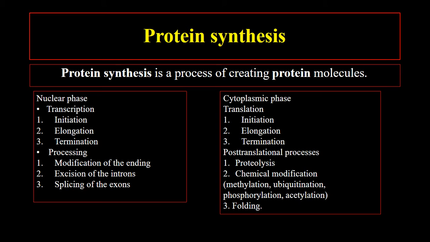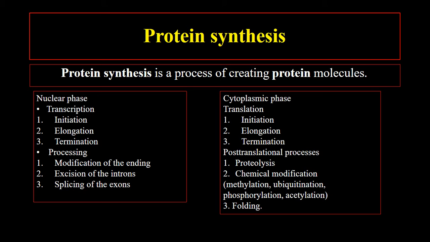I remind you that introns are parts of genes without information. And the last stage is the splicing of the exons. Exons, I remind you, are parts of genes with genetic information about the structure of the proteins.